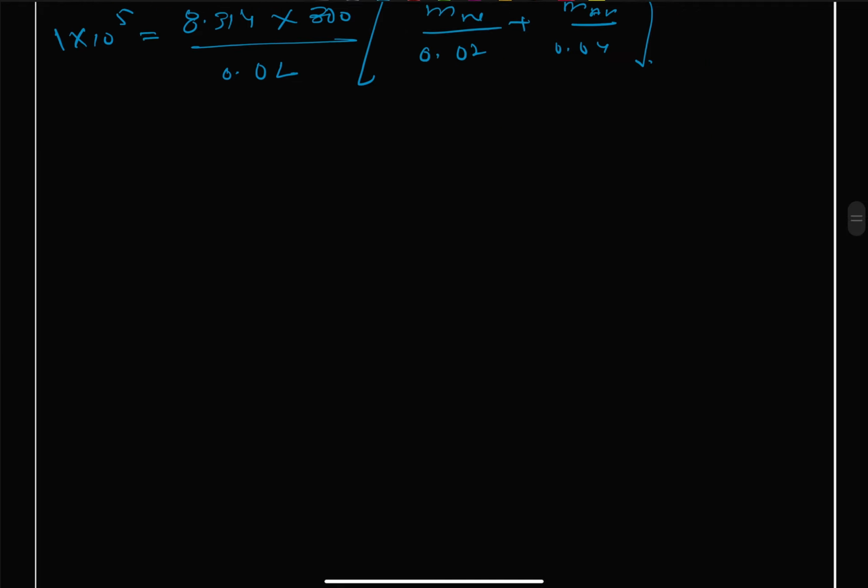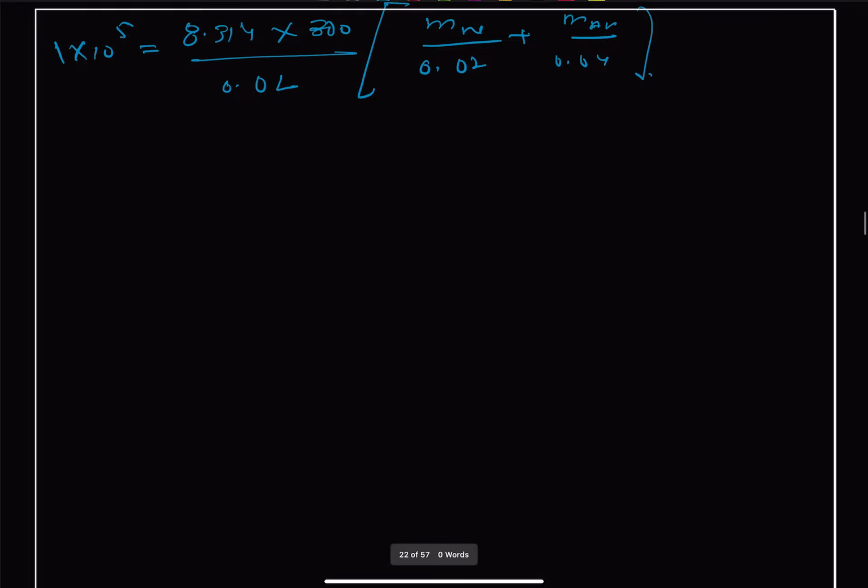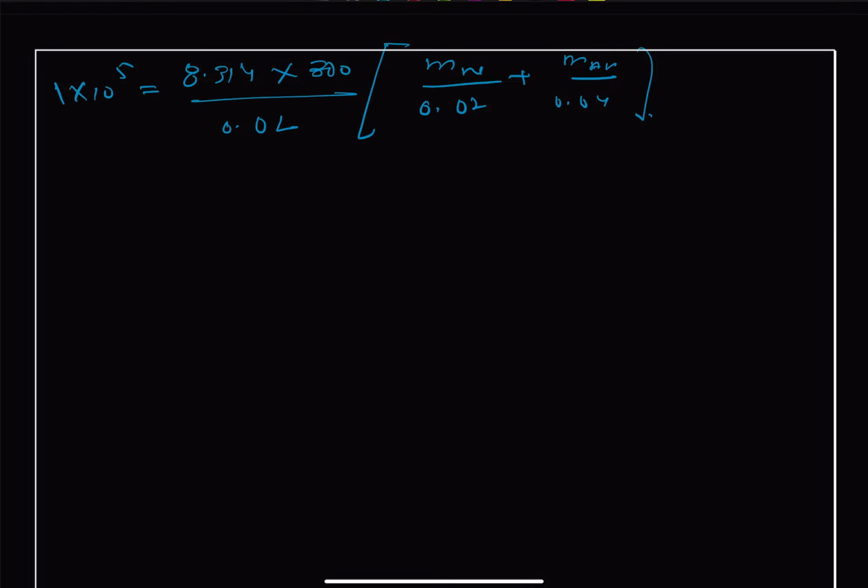Therefore, we can say that the mass of neon, and this comes as 50, plus 25 for argon, is equal to 0.8019, and the given equation is the mass of neon plus argon, we have this as 0.028.